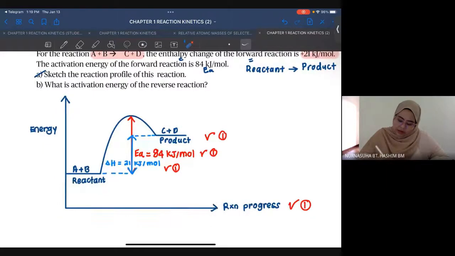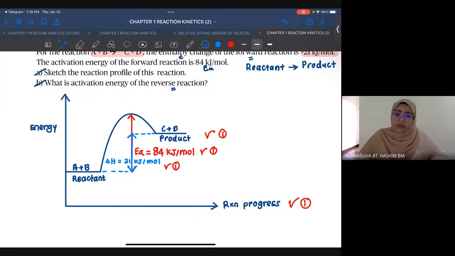Okay, next question. What is the activation energy for the reverse?